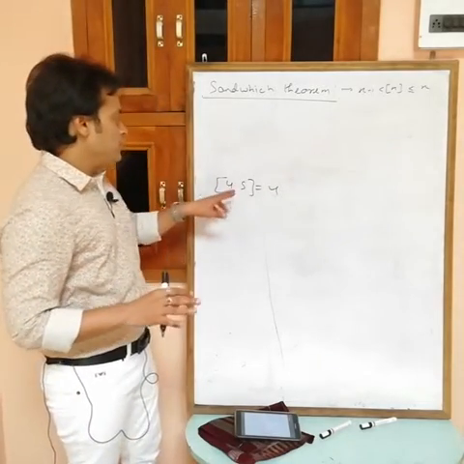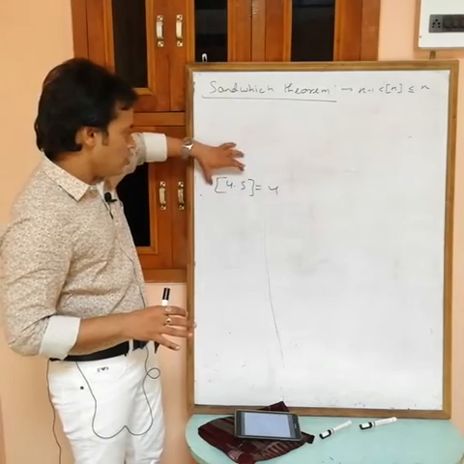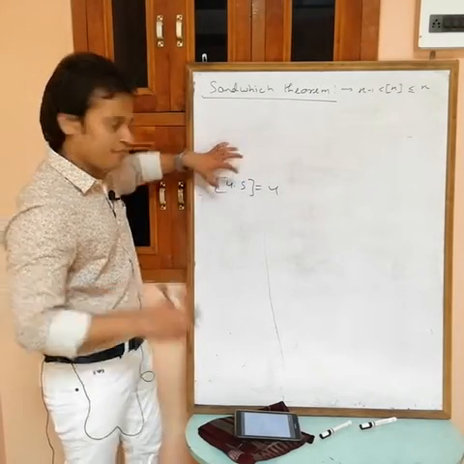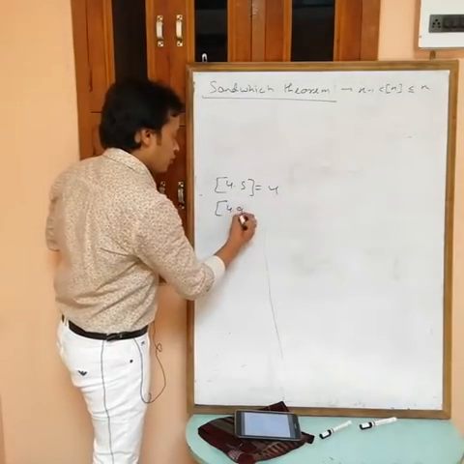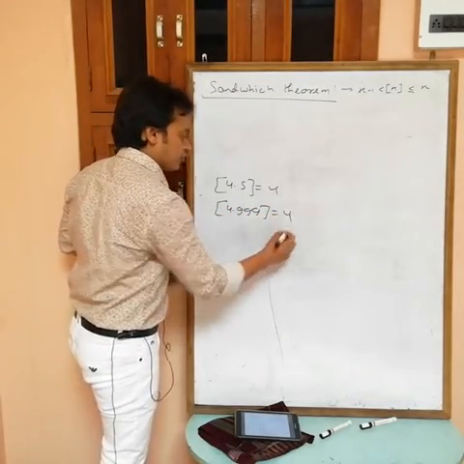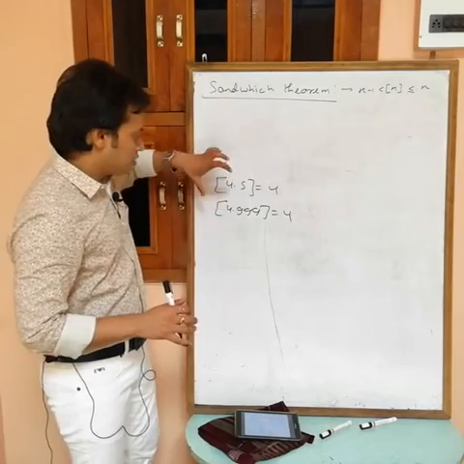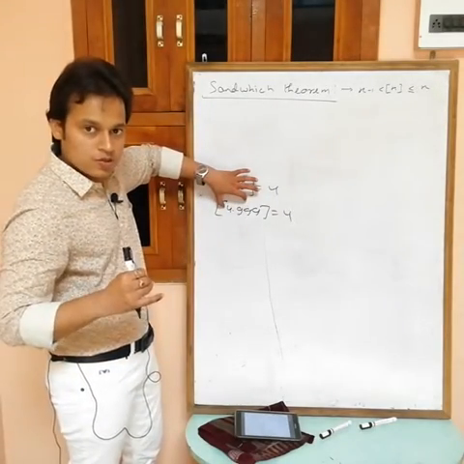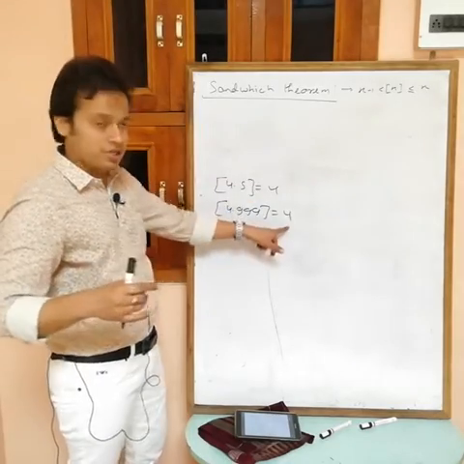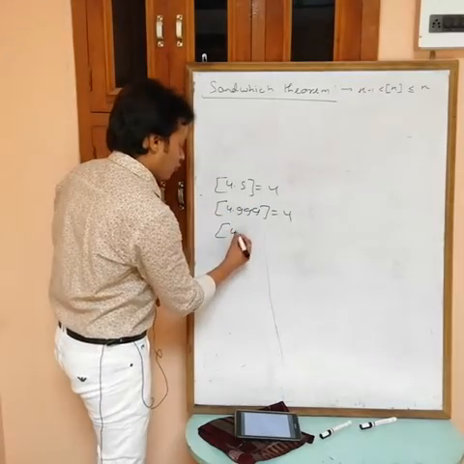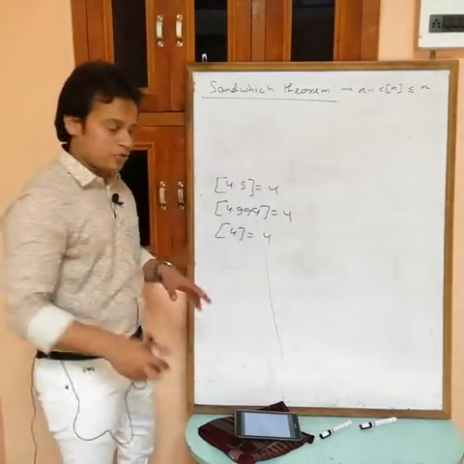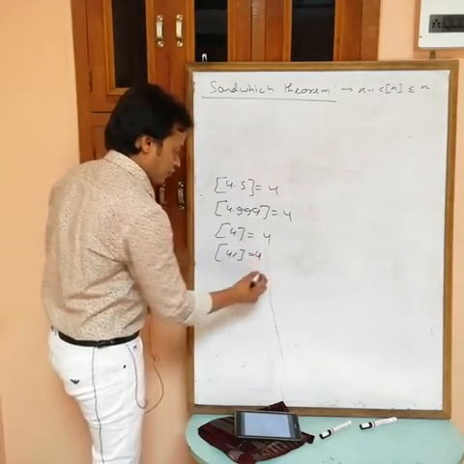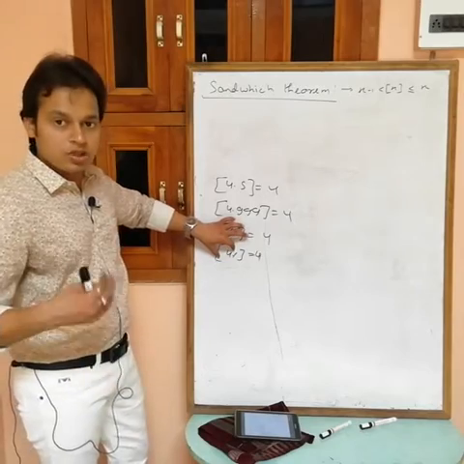If you write 4.999, then the value is also 4, and this value is always greater than x minus 1, which is 3.999, obviously greater. If you write 4, it equals 4. 4.1 equals 4, and x minus 1 is 3.1.